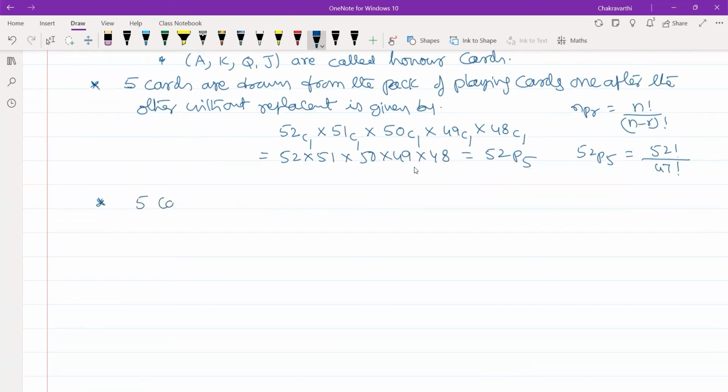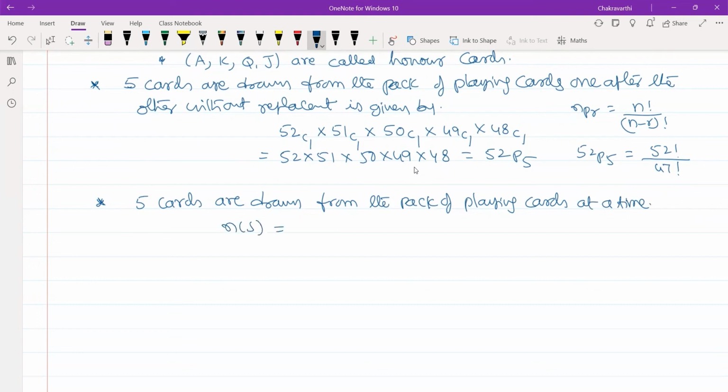Now, five cards are drawn from the pack of playing cards at a time. The n(S) is equal to, we also find n(S) for the previous case and the present case.